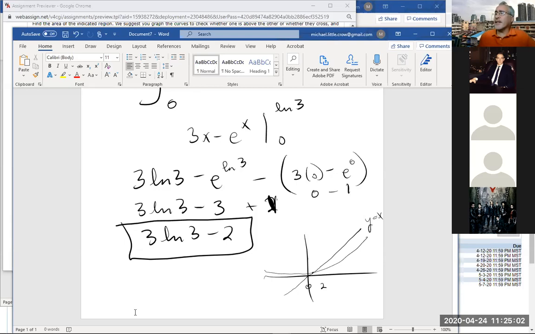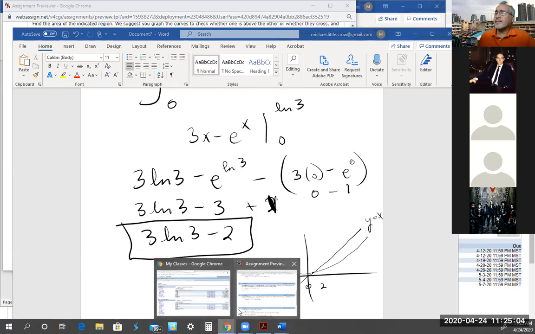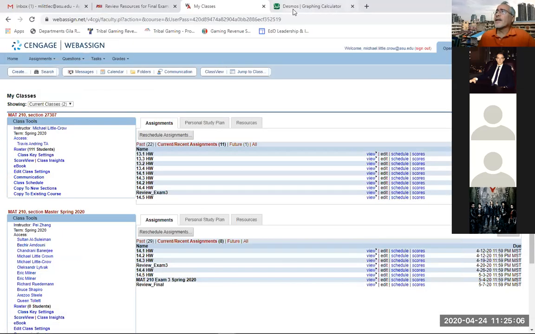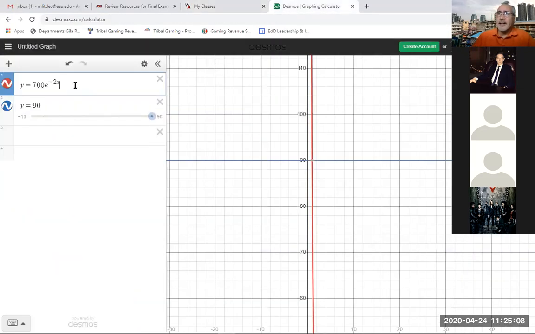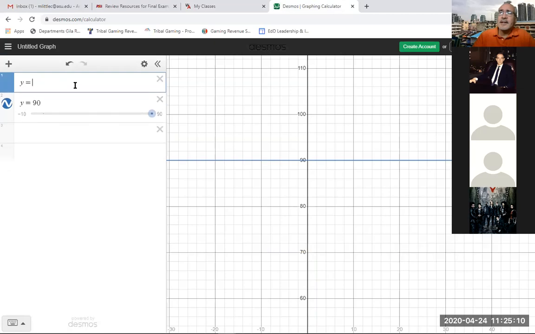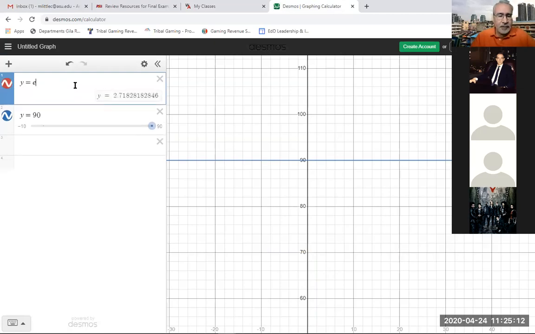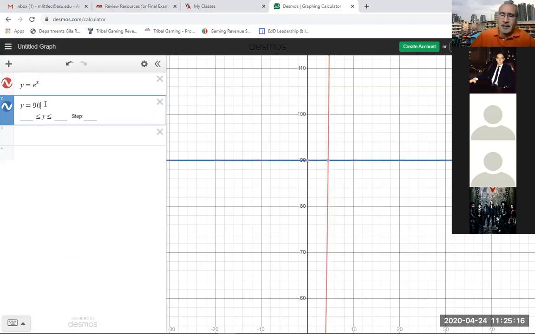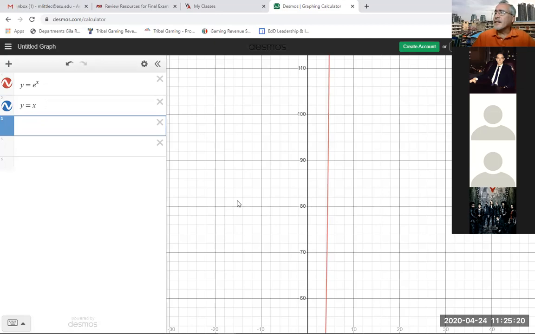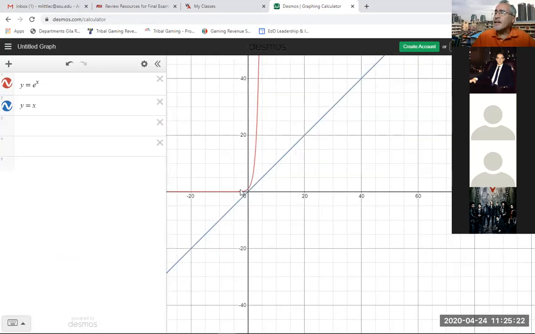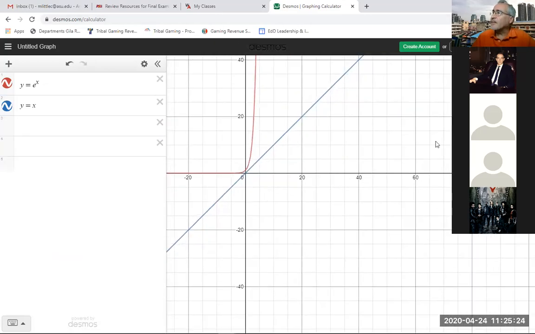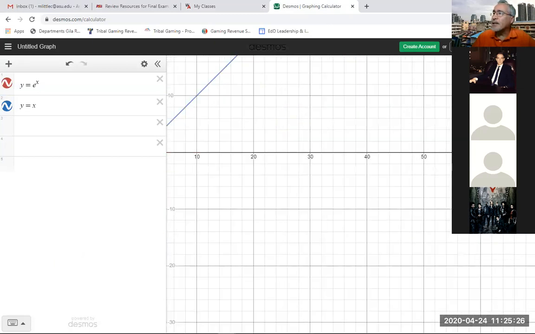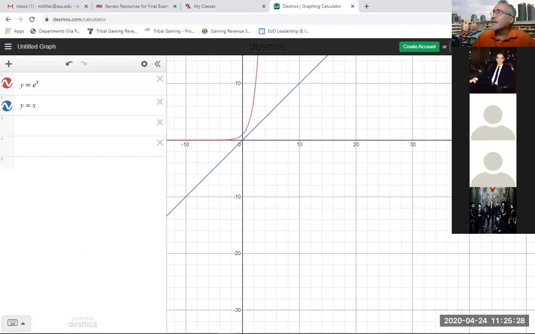Let's do that real quick. Let's go to decimal. We have e to the x, and the other function is just y equals x. Okay, yeah, we're safe because they actually don't intersect at all.